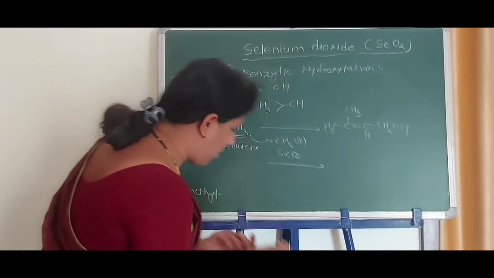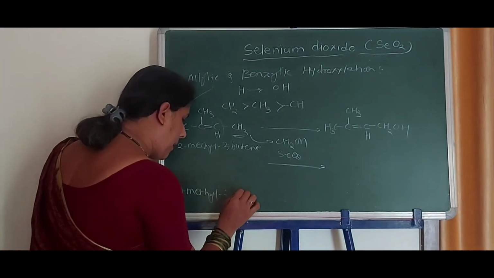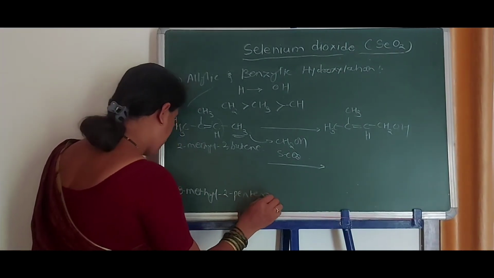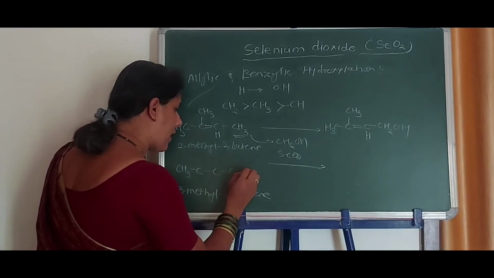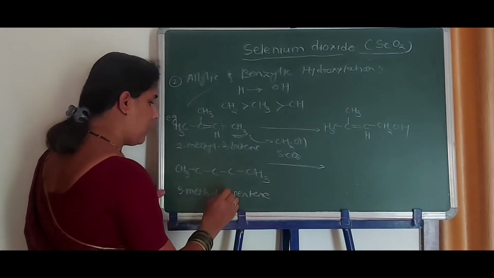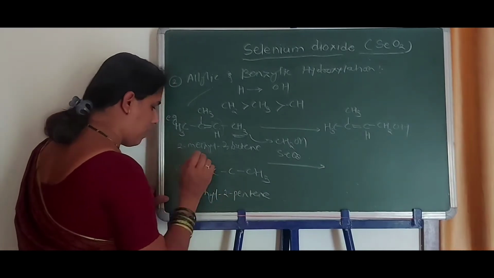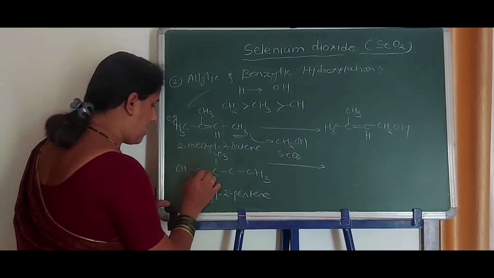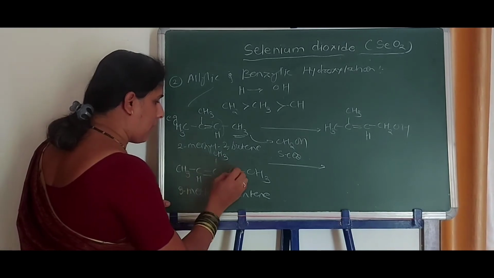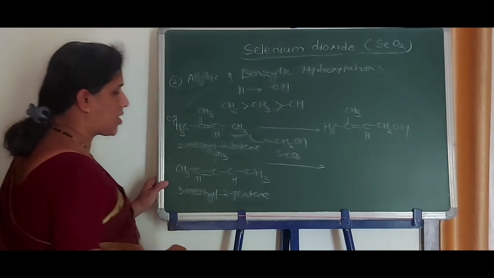Here the structure is as follows: CH3, 1, 2, 3, 4, and here 5. The double bond is at 2, 3-methyl at 3, 1, 2, 3, here CH, 1, 2, 3, 4, here also a CH.